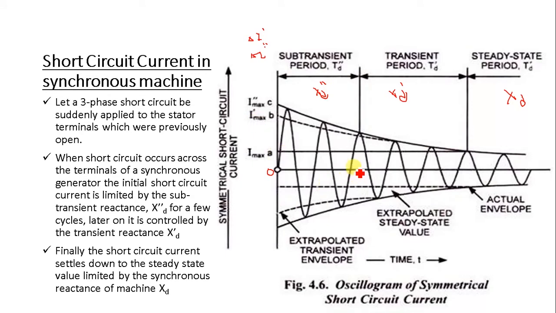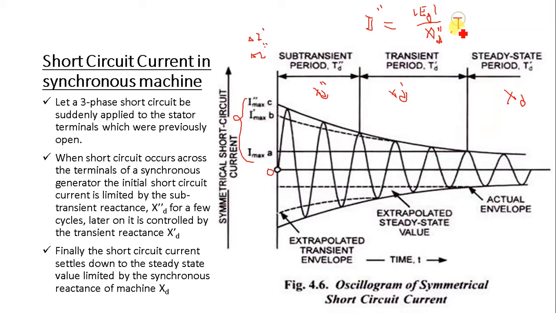So in terms of the oscillogram, we can represent this current and the reactance, and find out the value of this current. First, the subtransient current I double dash can be given by the generated voltage EG of your machine divided by the subtransient reactance XD double dash.